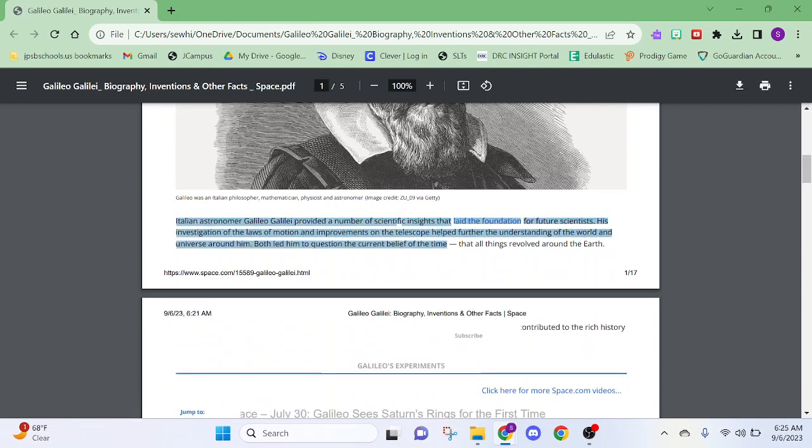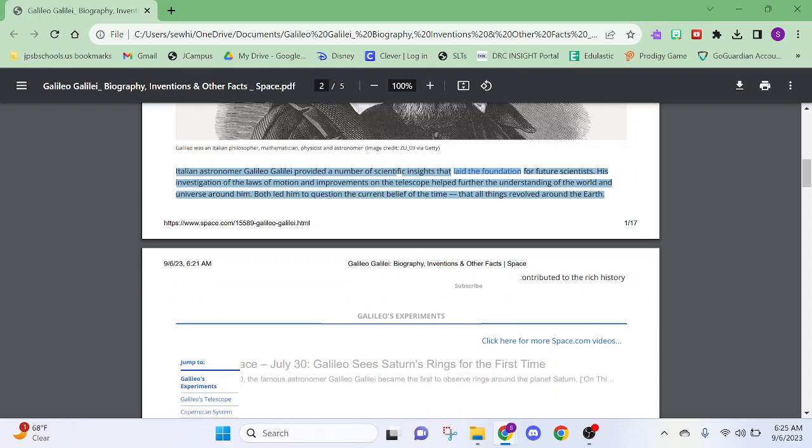So, Italian astronomer Galileo Galilei provided a number of scientific insights that laid the foundation for future scientists. His investigation of the laws of motion and improvements on the telescope helped further the understanding of the world and universe around him. Both led him to question the current belief of the time, that all things revolved around the earth.